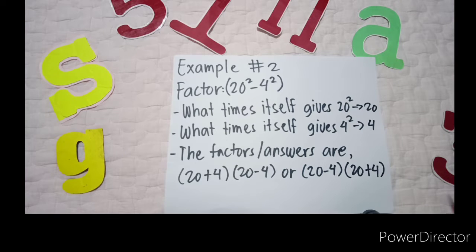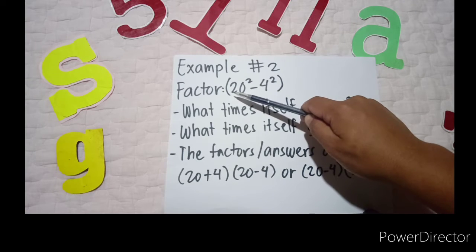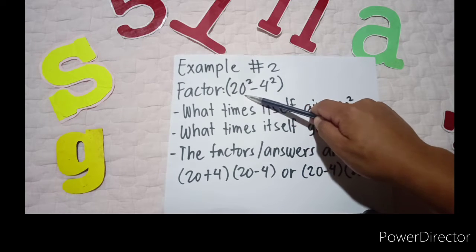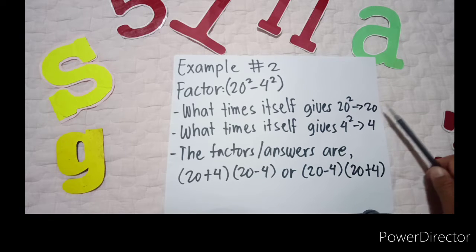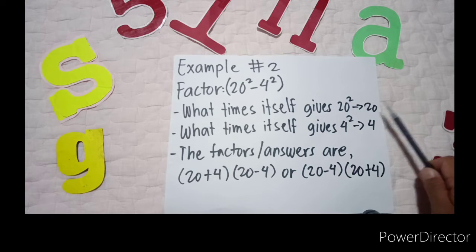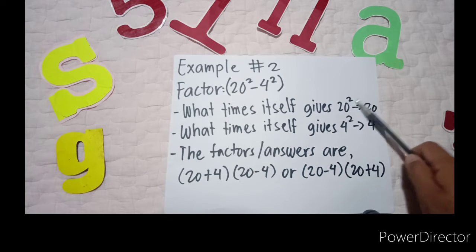The answer is 20. To make it easier, just think of the number 20 as a variable a. So 20 times 20, or a times a, is a squared or 20 squared.